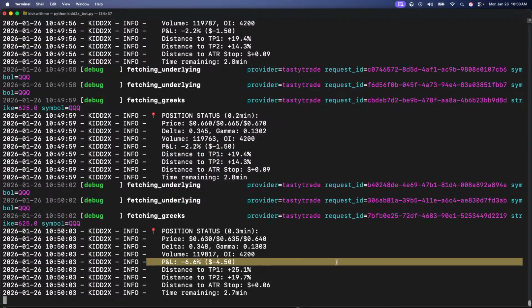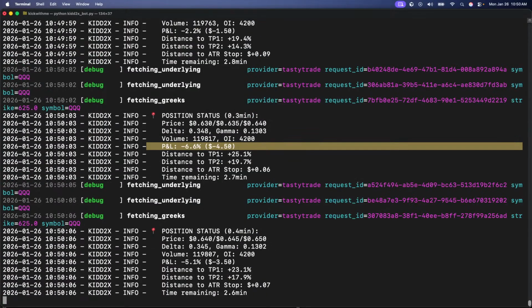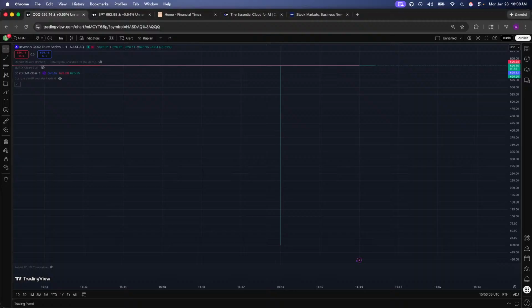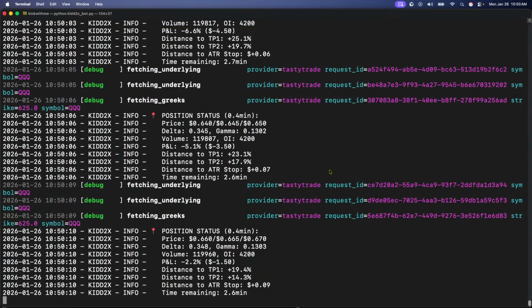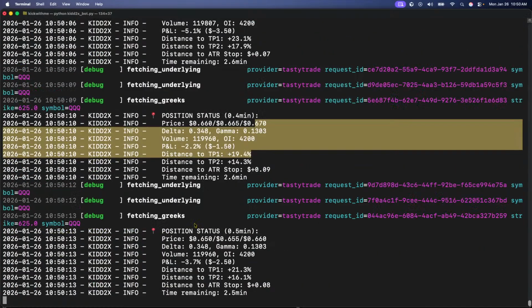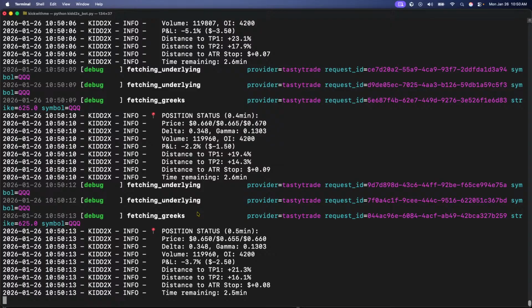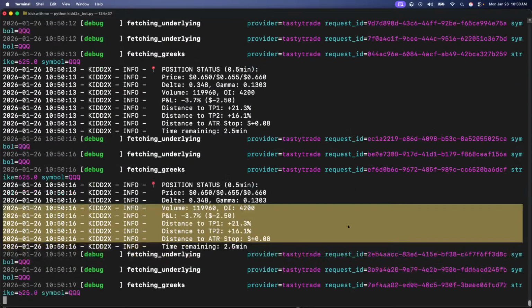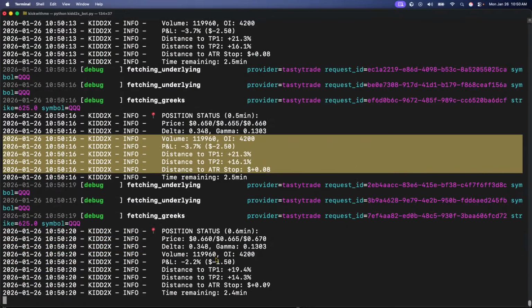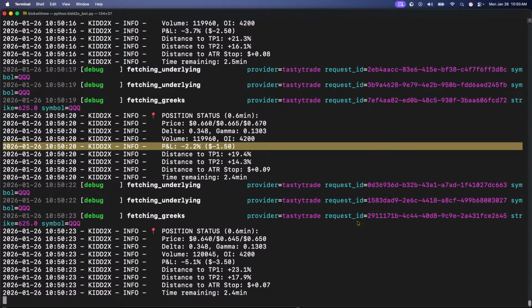So let's see, we're down 6% right now. 5%. Let me go look at it. 2%. Okay. It's oscillating right now between being like 3.5 and maybe 2.5. All right, come on, baby.